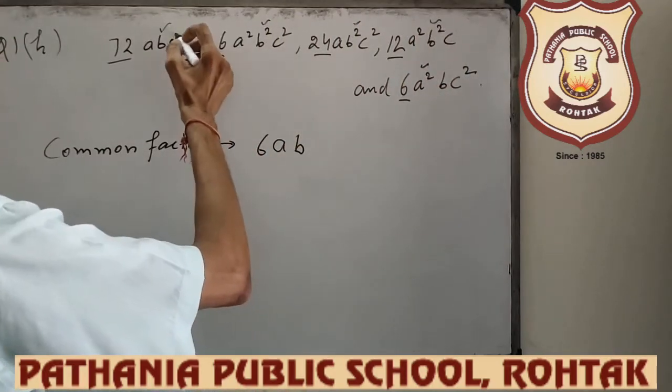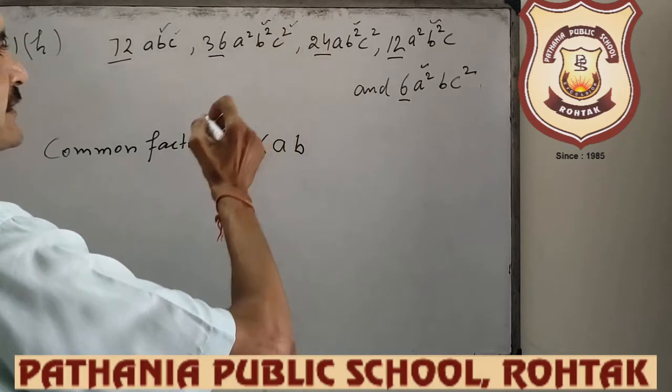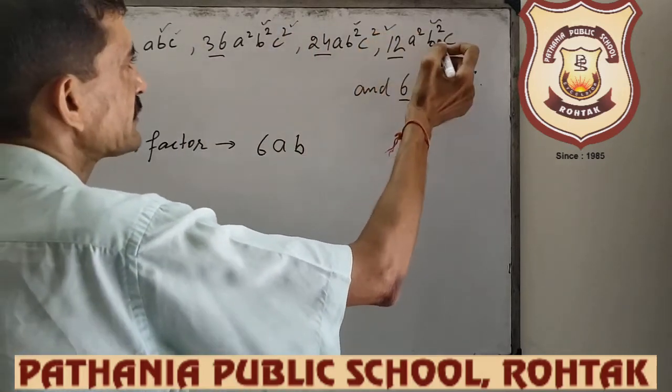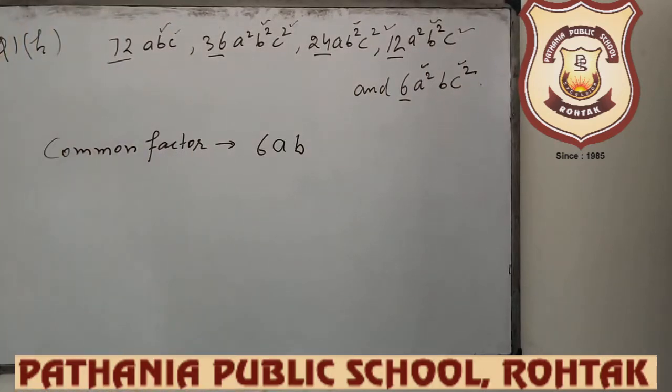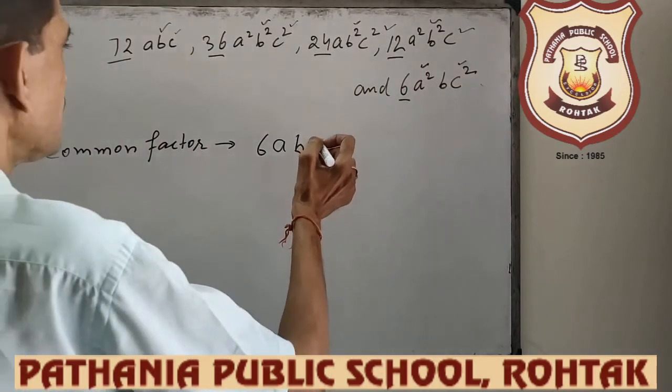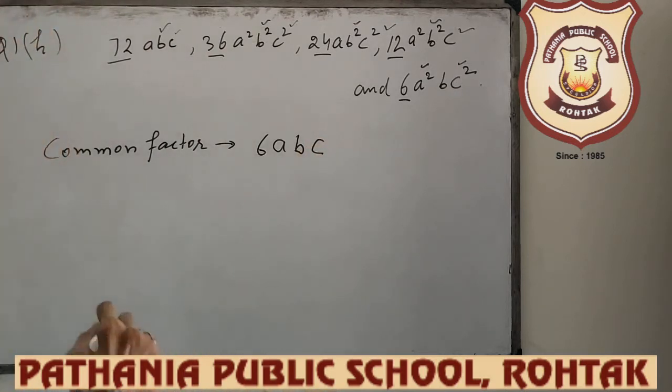Now c raised to the power 1, c raised to the power 2, c raised to the power 2, c raised to the power 1 and c raised to the power 2. So the minimum power of c is only 1. So the common factor from these is 6abc.